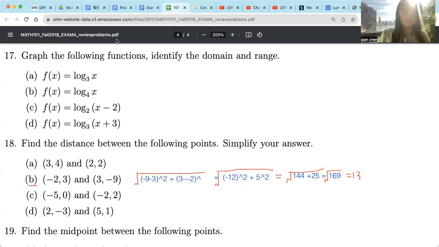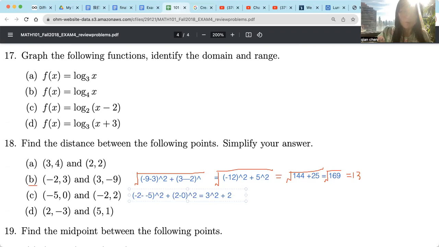Now let's calculate for D. Use -2 minus -5 squared plus 2 minus 0 squared, which is -2 minus -5 becomes -2 plus 5, which is a 3 squared.